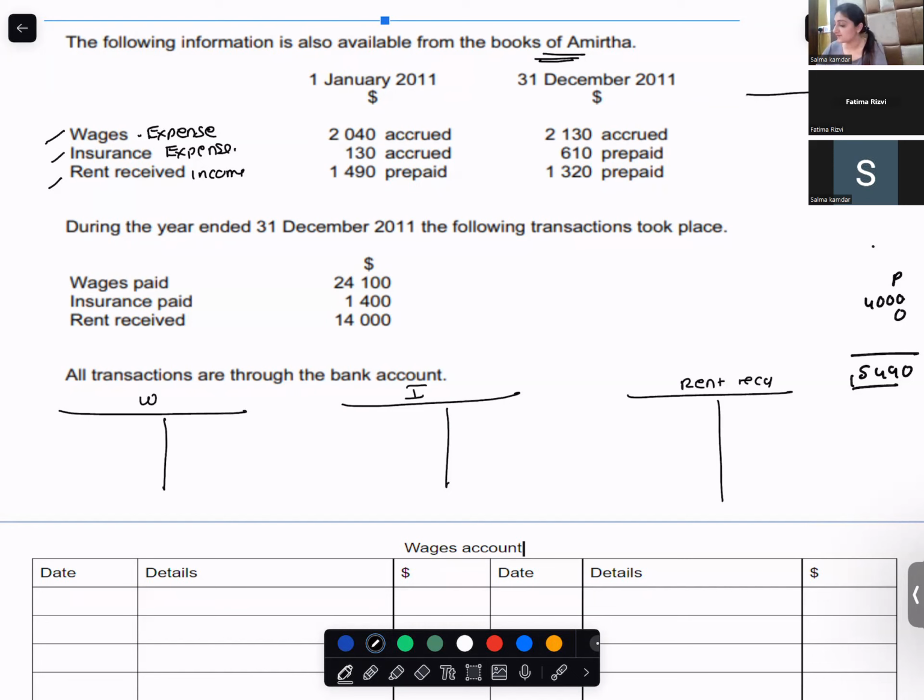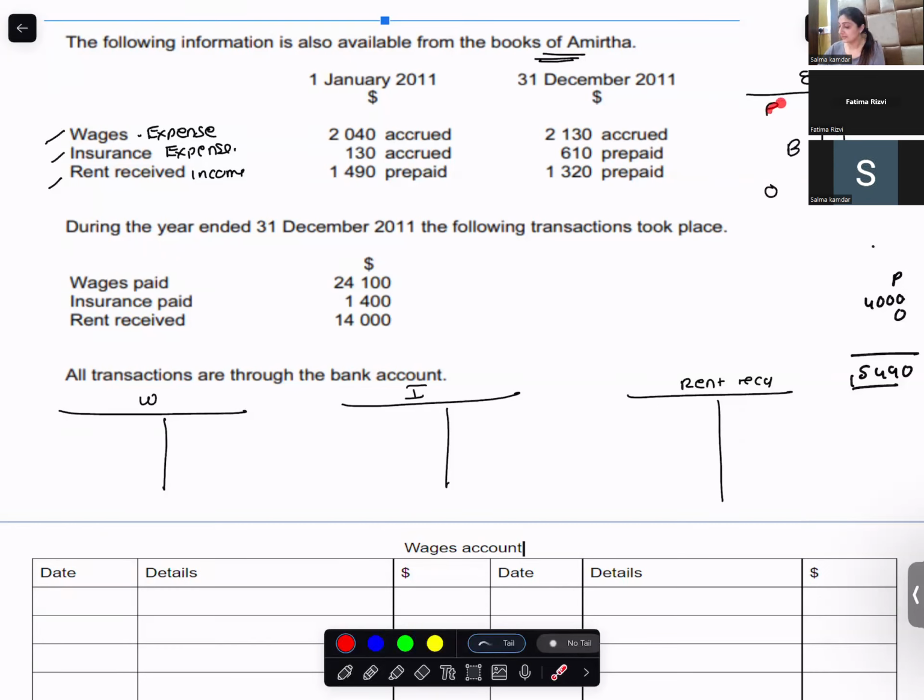Let's take the expense account. What is the format of expense account? POPO B. Are you with me? Yes, miss.